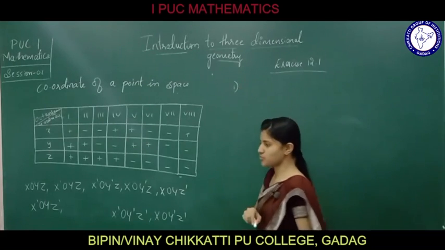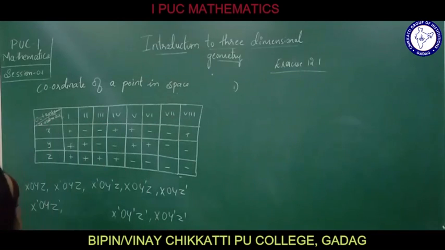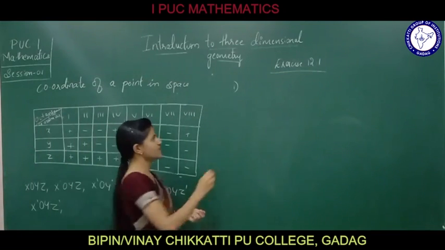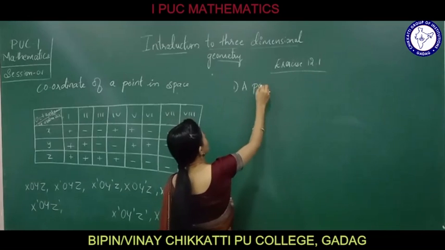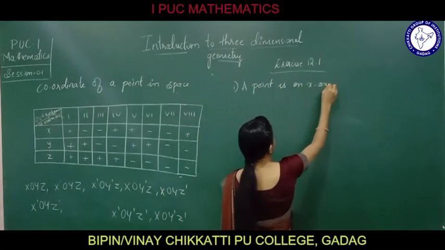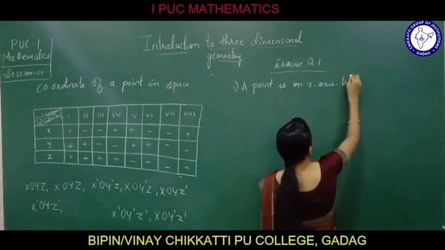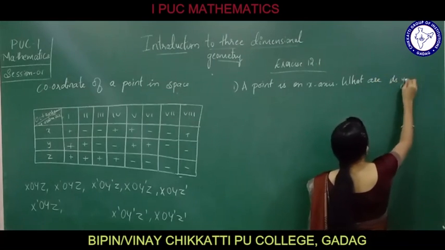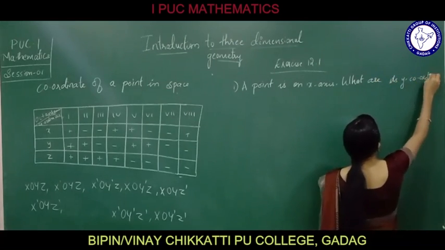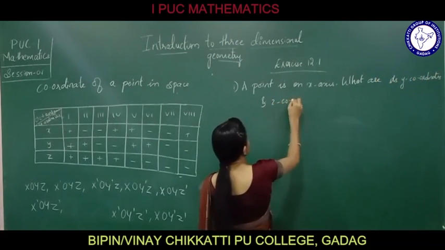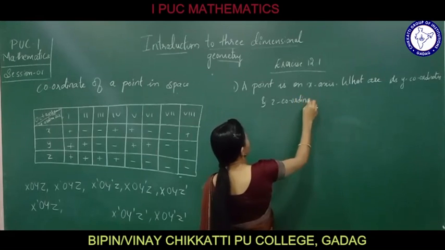See, what is the first problem? They have given that a point is on the x-axis. What are its y coordinate and z coordinate?